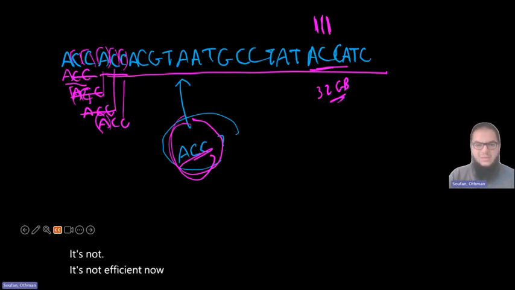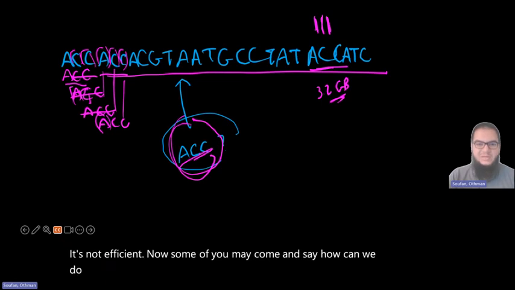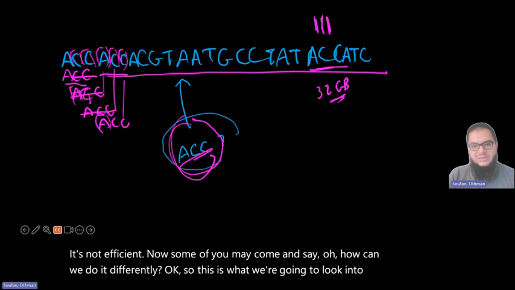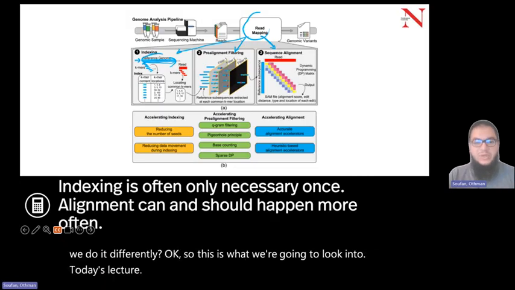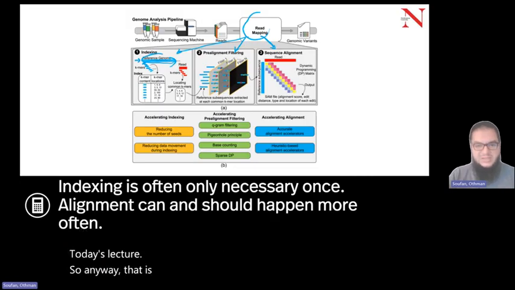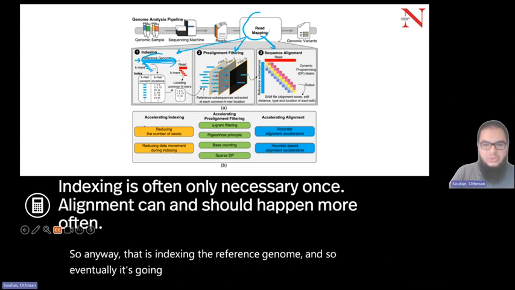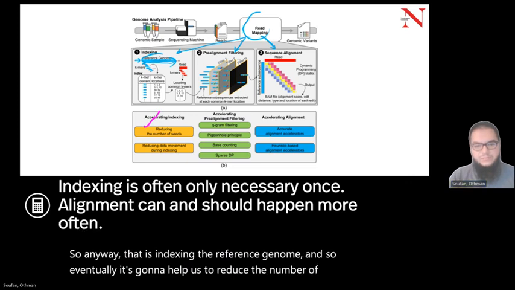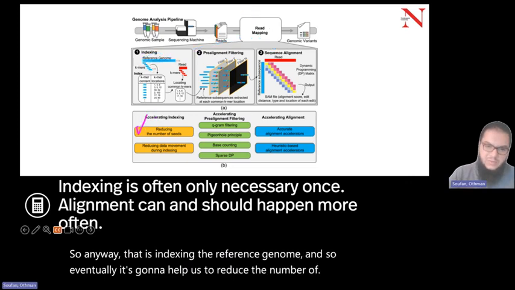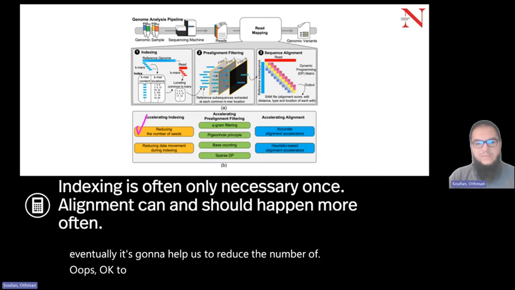Now, some of you may say, oh, how can we do it differently? This is what we're going to look into in today's lecture. So that is indexing the reference genome. And eventually it's going to help us reduce the number of seeds.